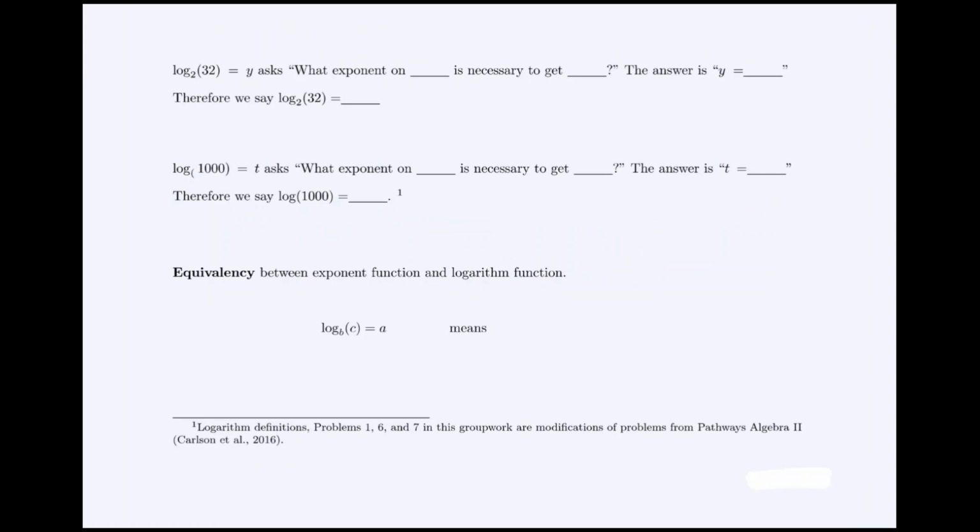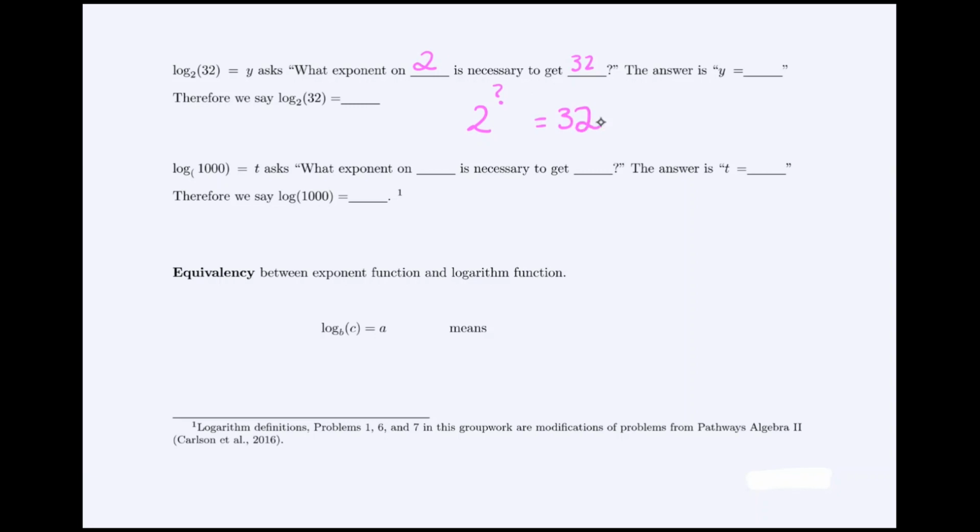So whenever we see something like log base 2 of 32 equal to y, it's asking us what exponent on 2 is necessary to get the value 32. So 2 to what power would end up giving us 32?